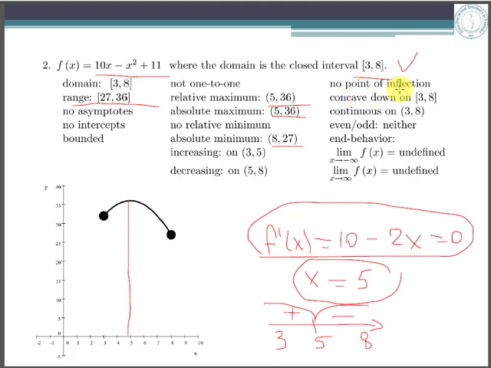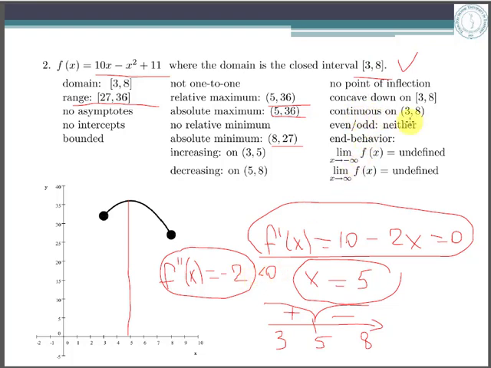Here we don't have any point of inflection because when we consider the second derivative of our function, it will be minus 2. So this is less than 0, and this is a maximum, yes? We check it one more time: concave down on 3, 8, on the whole closed interval, because this is less than 0.